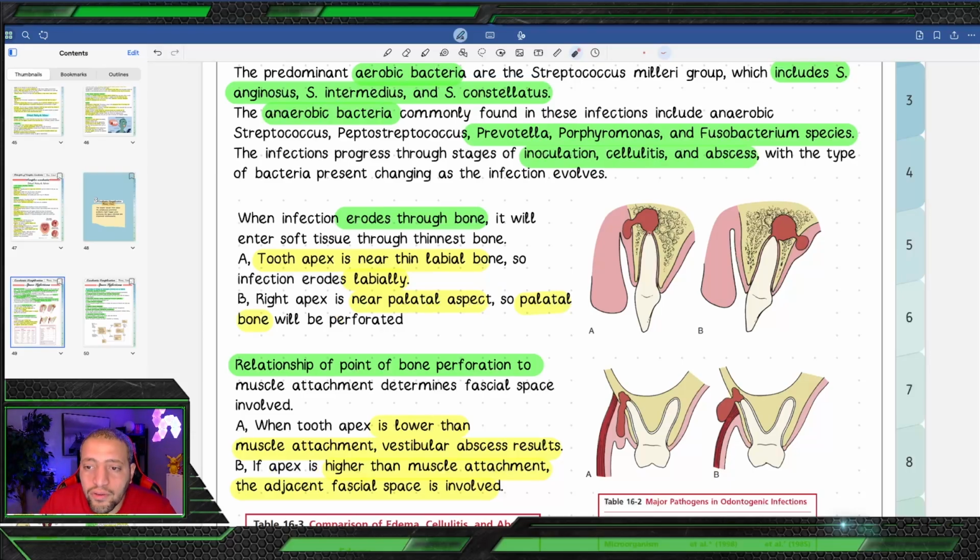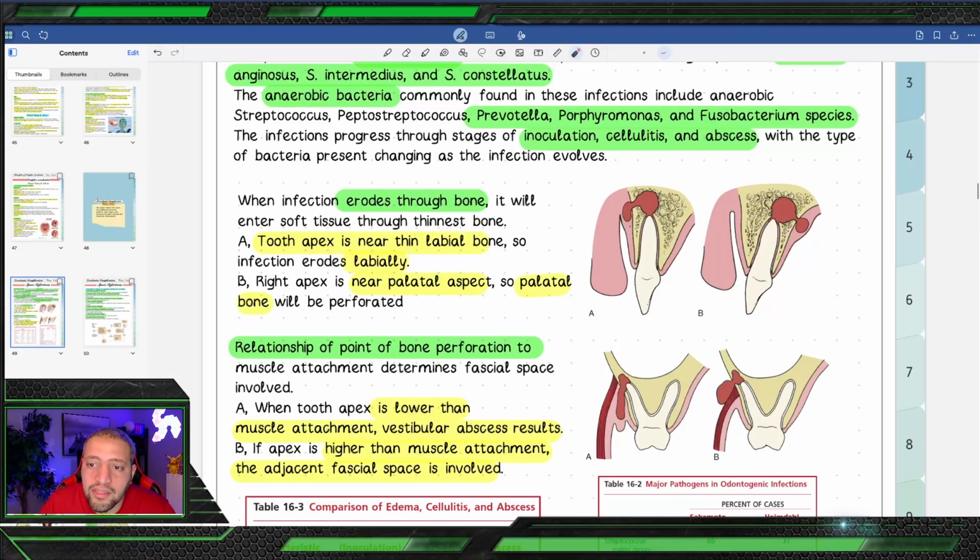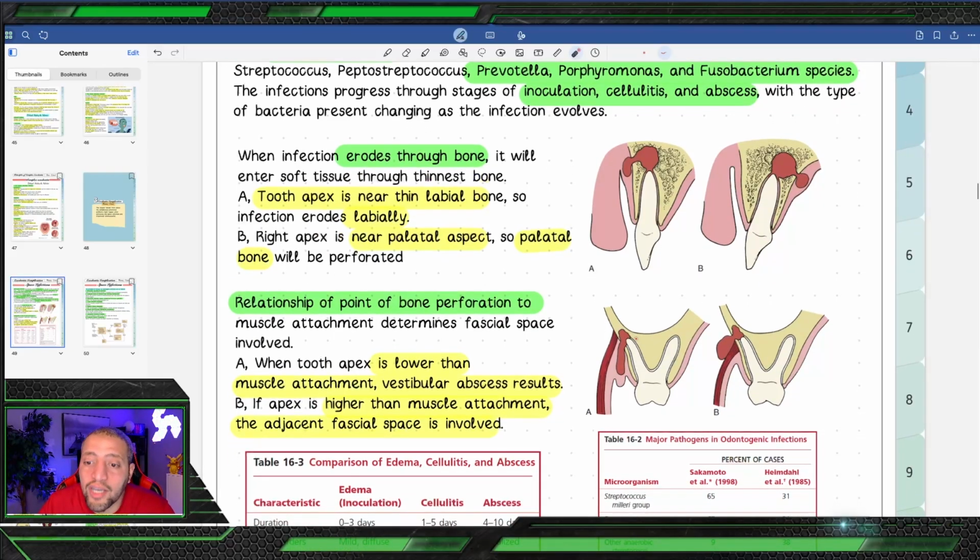If the tooth apex is related more to the labial or buccal side, it will erode through the buccal plate of bone, leading to infection in the vestibular space. Or if it's related to the palatal bone, it will erode more easily to the palatal side, ending up with a space infection on the palatal side. And there is one more factor, which is the location of this erosion relative to the muscle.